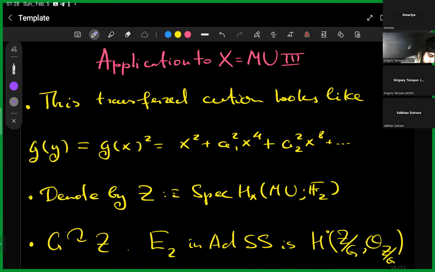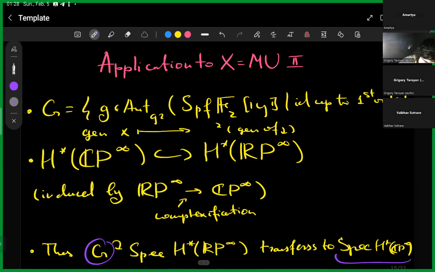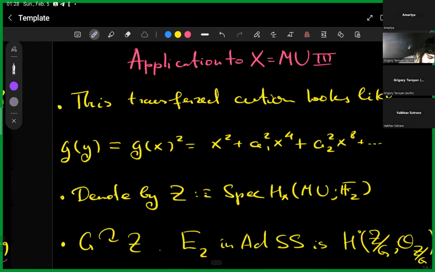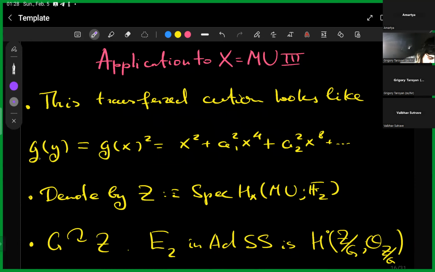I guess I should rename the generators. So if we apply the element of our group to a generator in cohomology of CP infinity, we obtain the square of the same action on the generator in cohomology of RP infinity, and so this is just basically the same power series where we squared everything, because since we're working over F2, we don't have any binomial coefficients or anything like that, and this means that this formula works.